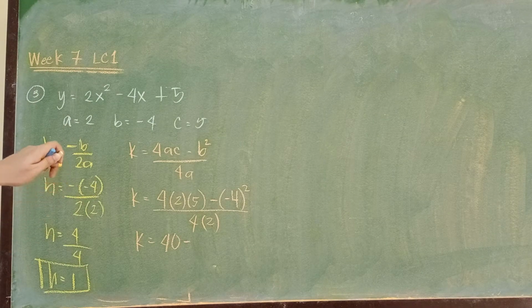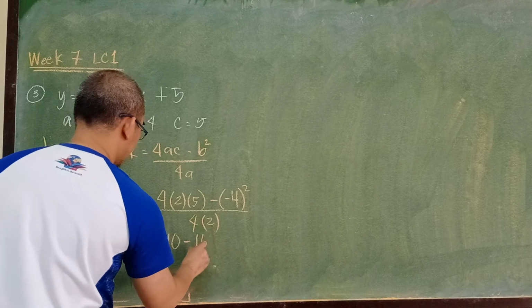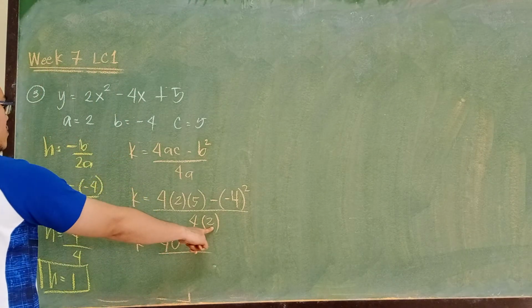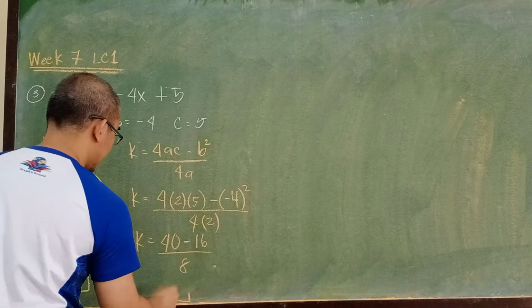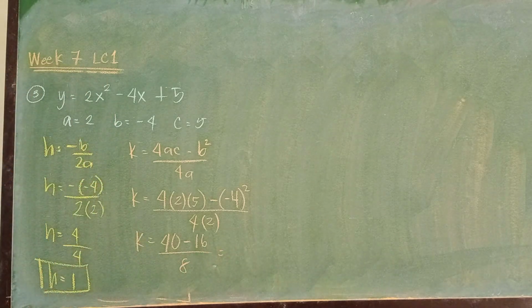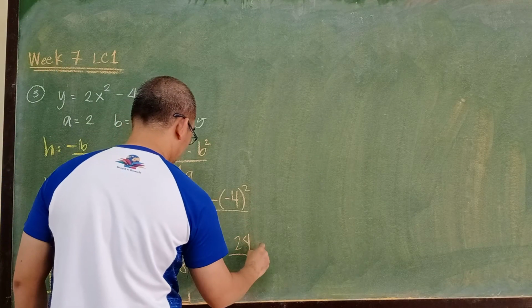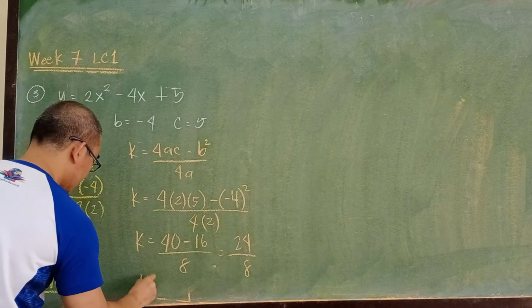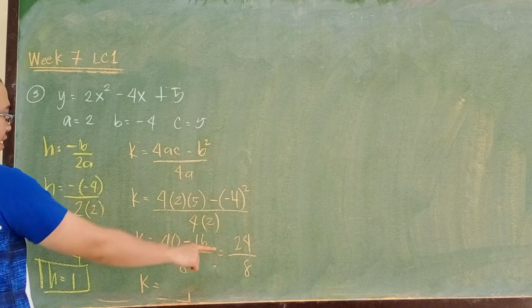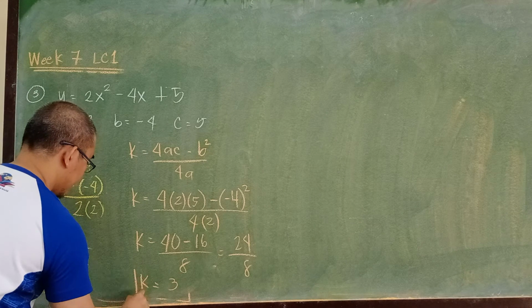Minus negative 4 times negative 4, that is positive 16 over 4 times 2, that is 8. Next, 40 minus 16, that is 24. So this is 24 over 8. So 24 divided by 8, that is 3.